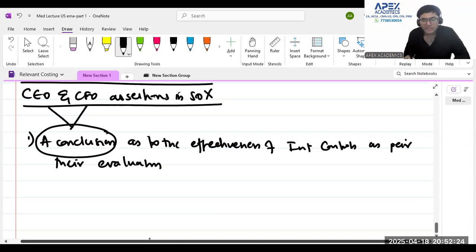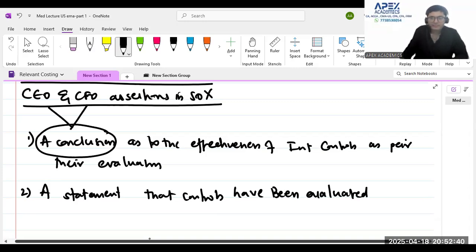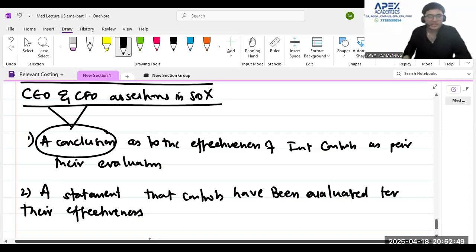You need to understand, this is an important point, a statement that controls have been evaluated for their effectiveness within 90 days.